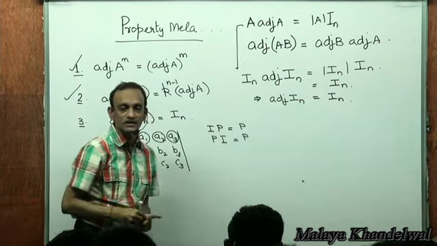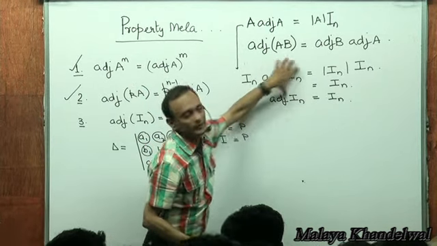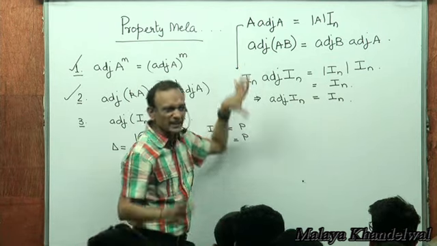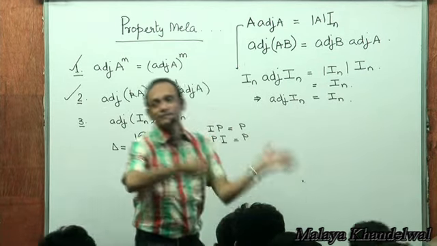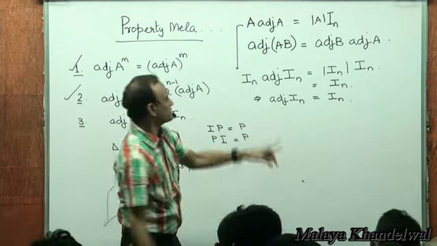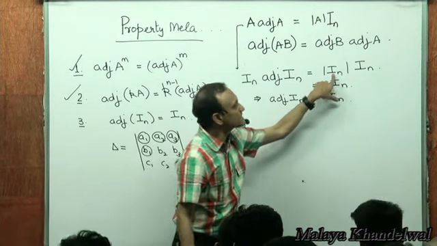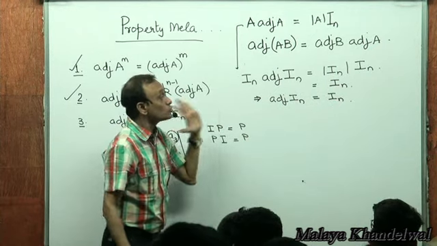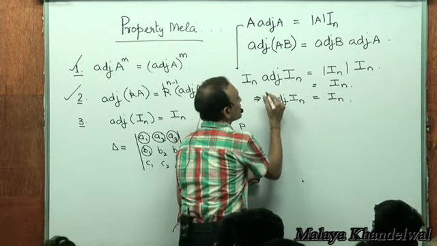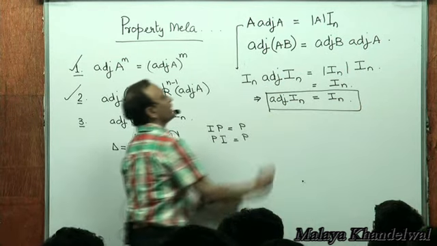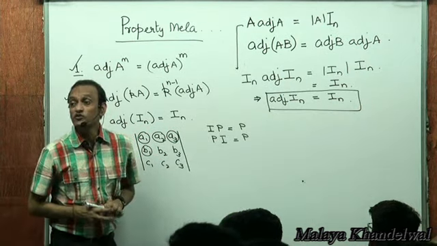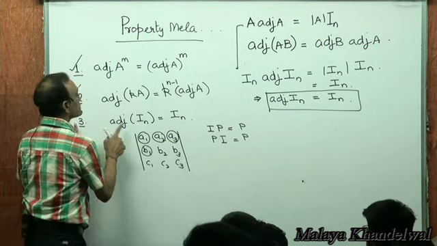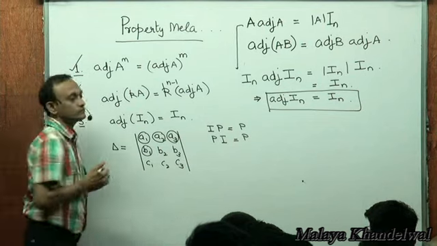In into adjoint In will be adjoint In. That's a property of an identity matrix: it itself gets consumed and reflects the other matrix. So adjoint In is 1 into In, which is In. Again, a useful property, very commonly used: the adjoint of an identity matrix would be the matrix itself. So that's this property. All's good?